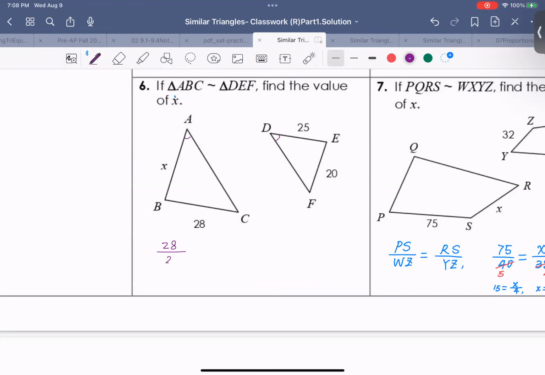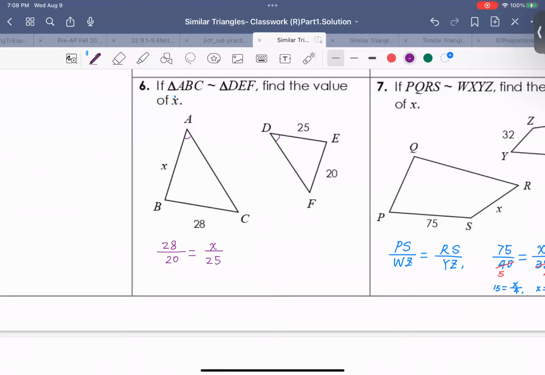So you will have 28/20 equals to this AB. So this is AB. This is going to be DE. Make sense? Okay. So if you have x over 25, correct?